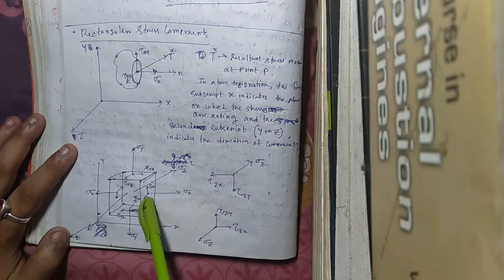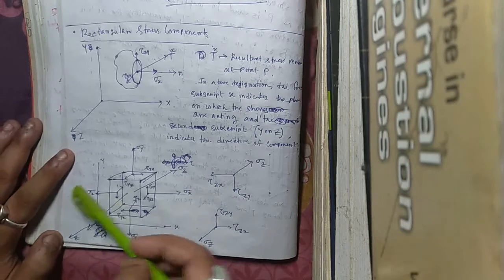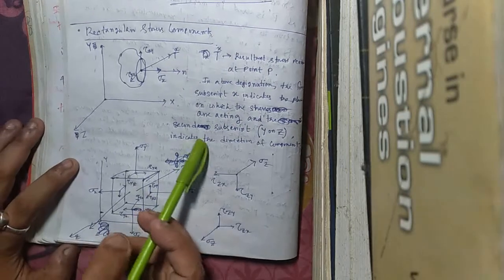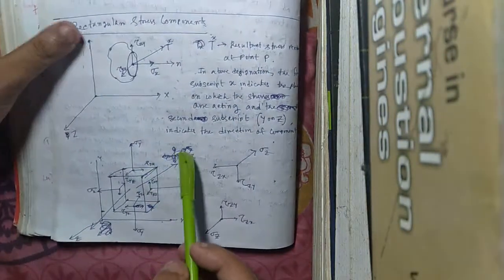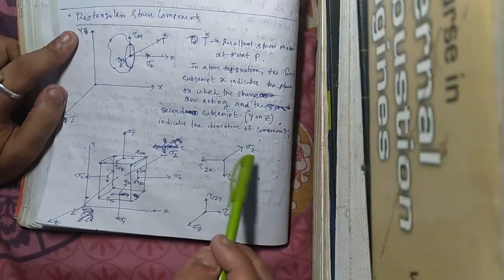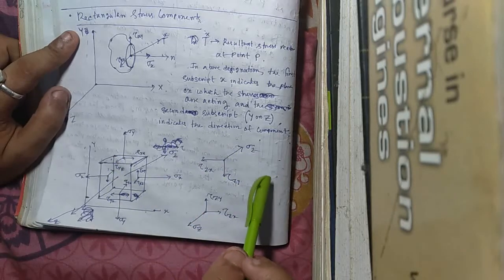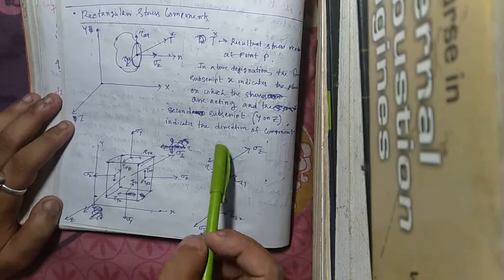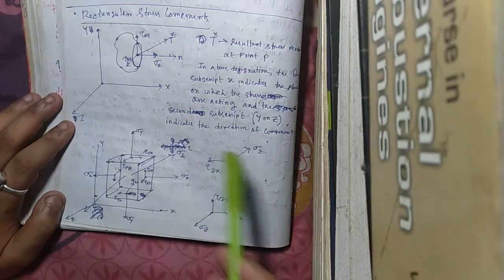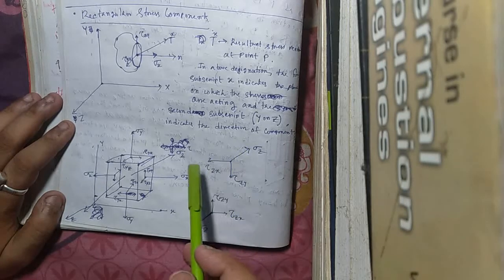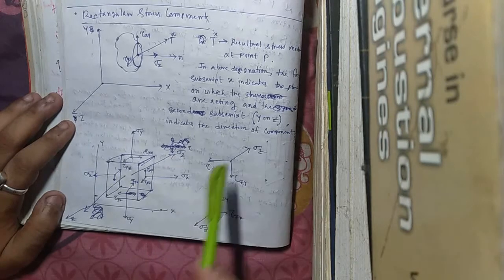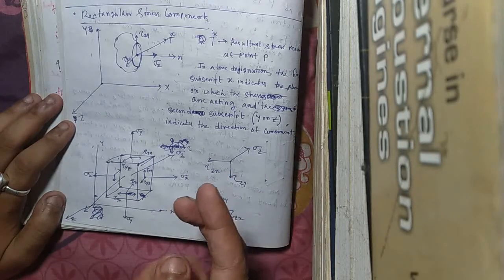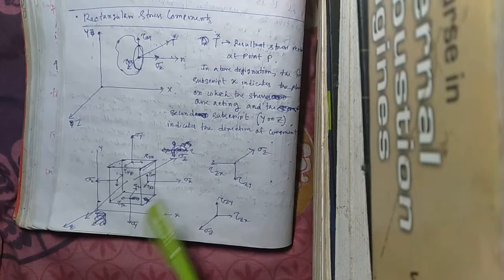So this is the positive direction of the plane, and the opposite faces are the negative directions of the plane. In all these planes we can draw three types of stresses in each and every plane: sigma x, which is normal to this plane, and two types of tau, which act in the two other perpendicular directions.